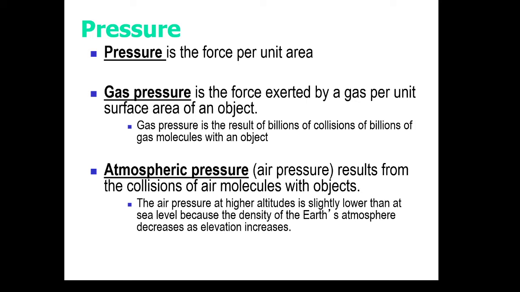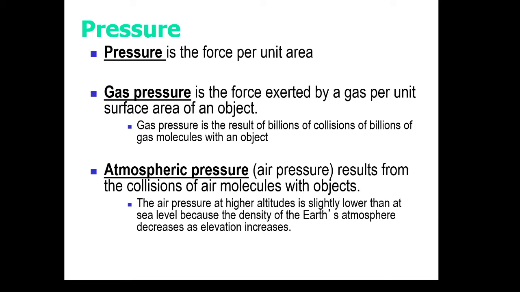Atmospheric pressure, also known as air pressure, results from the collisions of air molecules with objects. The way to think about it is a column of air coming down on Earth. The closer you are to the surface of the Earth, the more you're going to feel the atmospheric pressure. As you move up in altitude, the atmospheric pressure becomes less and less.